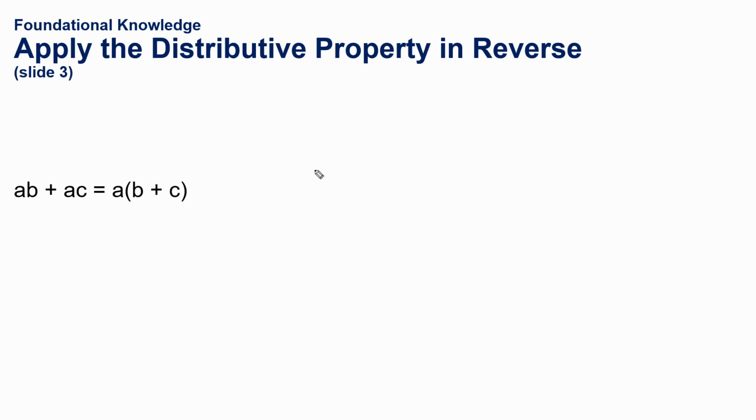Essentially, why I would do this is if I wanted to factor out a greatest common factor, right? So again, if I had 4 times 3 plus 4 times 5, and really this is 12 and 20, essentially we could think about, okay, what is the greatest common factor that I can factor out of 12 and 20? Well, that would be the number 4, right?